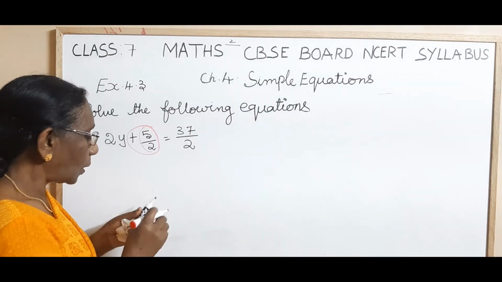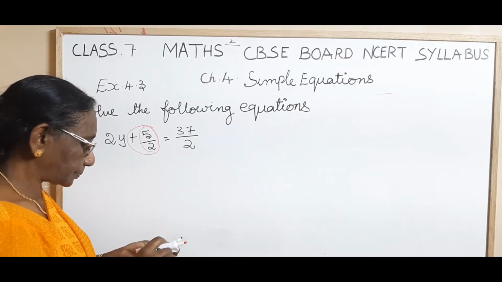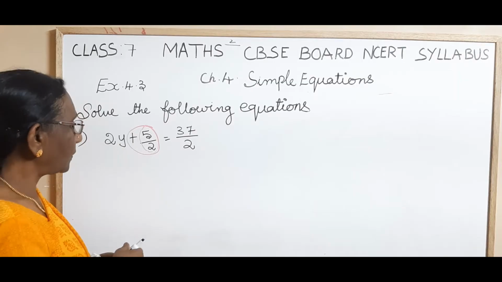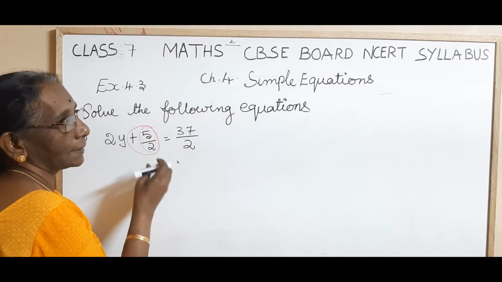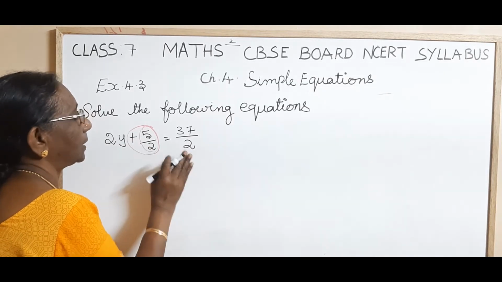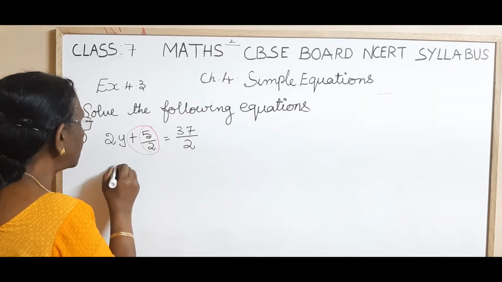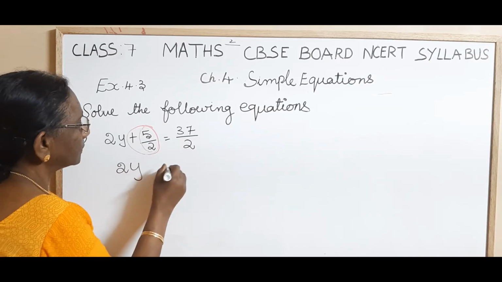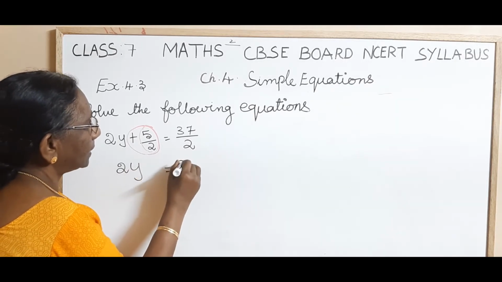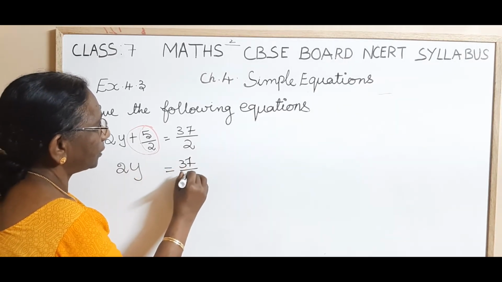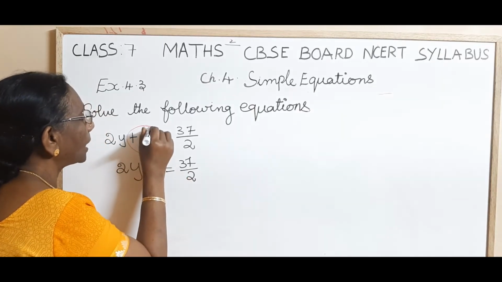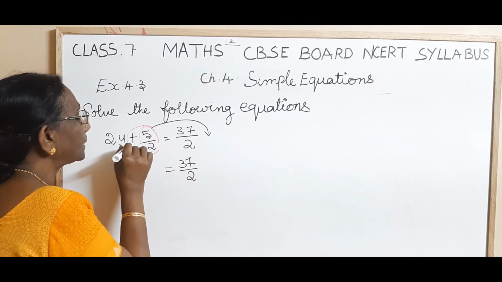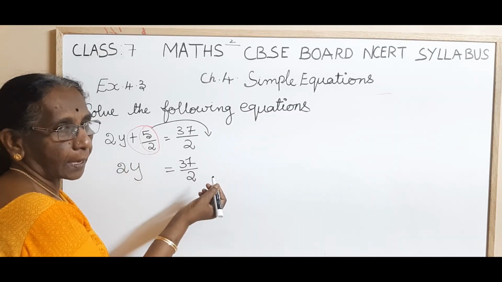Is it clear? So this step will be: we have planned to transpose this plus 5 by 2 to the RHS. So this side we will have only 2y is equal to 37 by 2. We are going to carry this to this side, and here it is plus, so you have to change the sign.